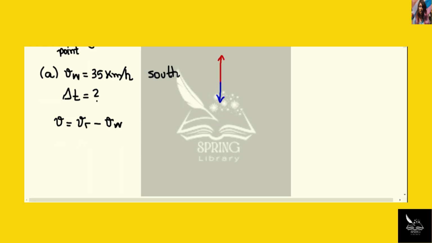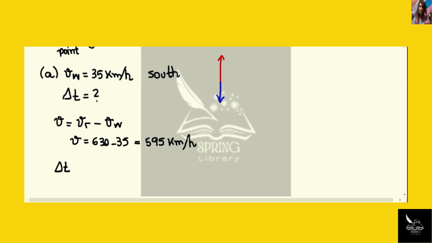Okay, because the wind cancels out part of the speed of the airplane. So the speed of the airplane relative to the ground is 630 minus 35, and this is 595 kilometers per hour to the south. I'm sorry, to the north.